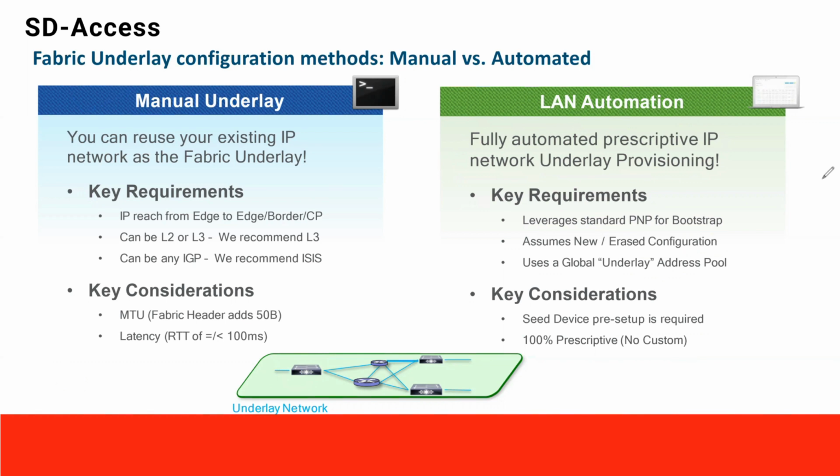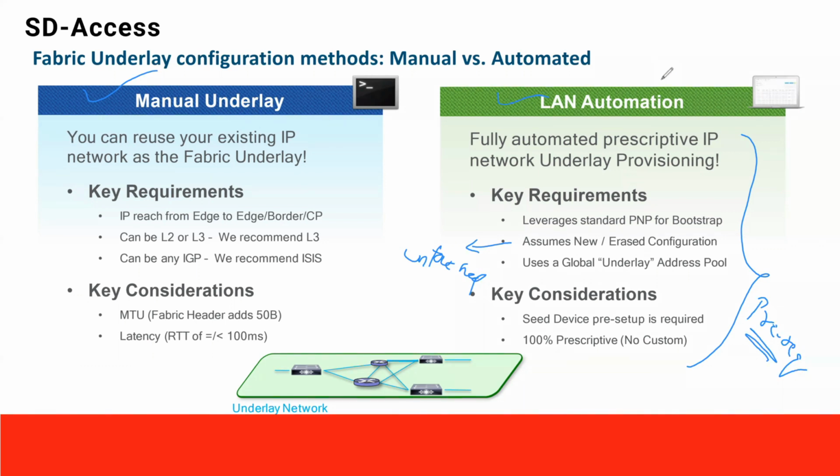But again, as I discussed, this comes with all these prerequisites, the untouched part. So better prefer manual underlay, and later on when you know the exact traffic flow and how it works, then we can perform the LAN automation.